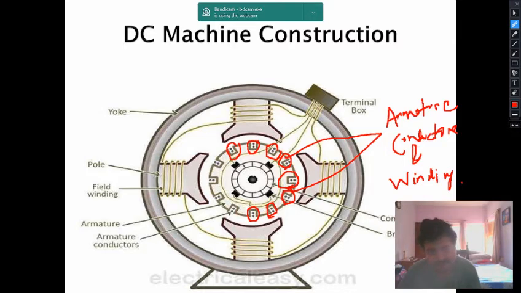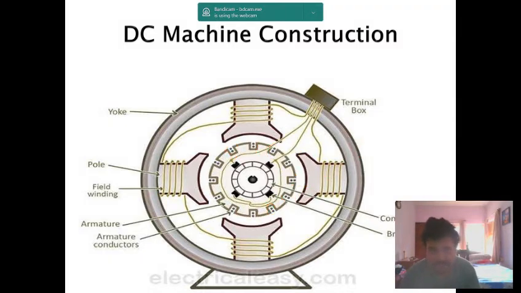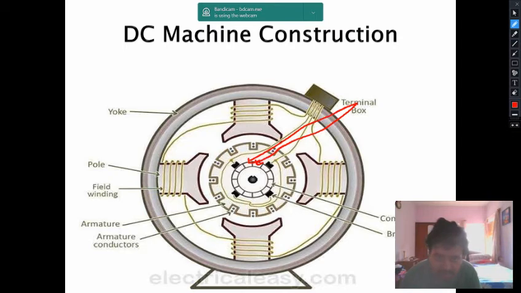And you see that in this particular diagram, the armature conductors are capable of producing currents, and the windings are connected to the commutator segments. So these are known as the commutators.